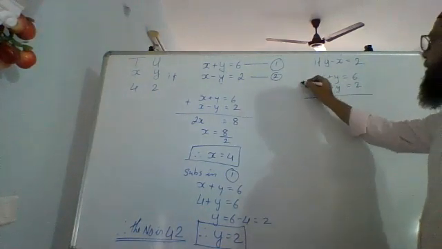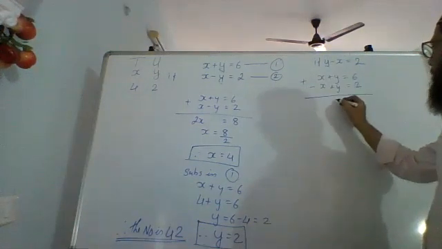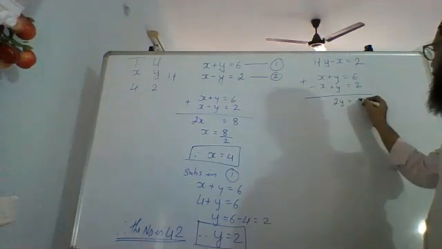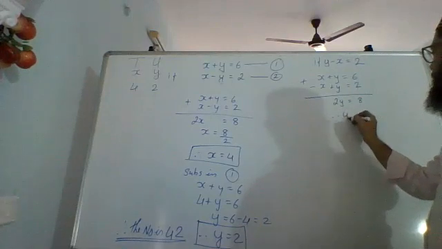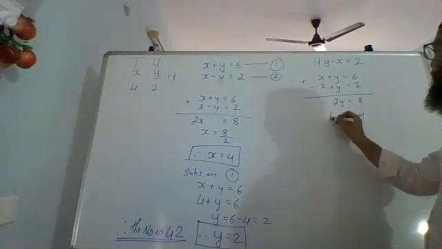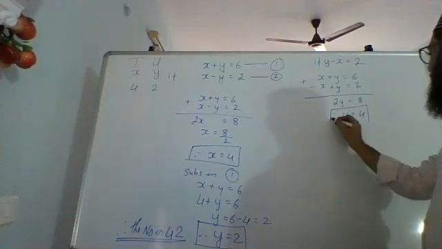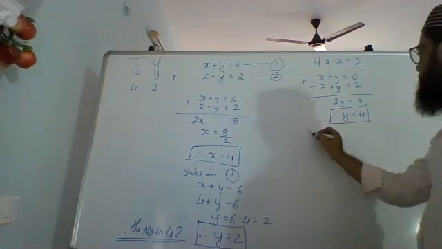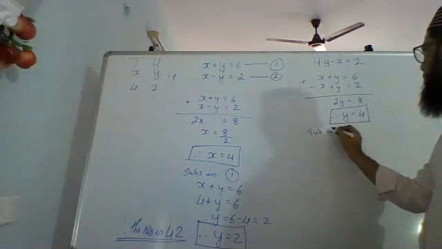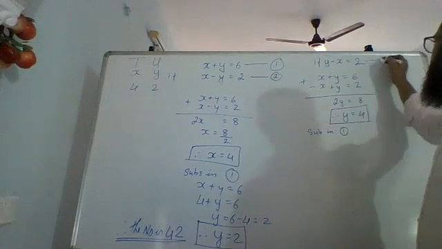x and x will cancel. y plus y is 2y equals 8. Therefore, y equals 4.